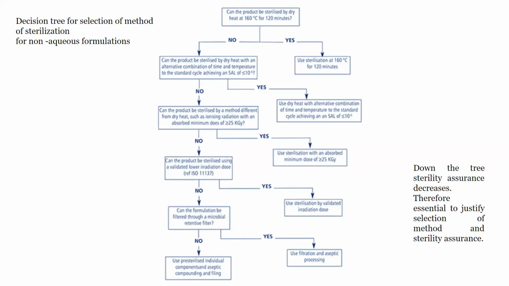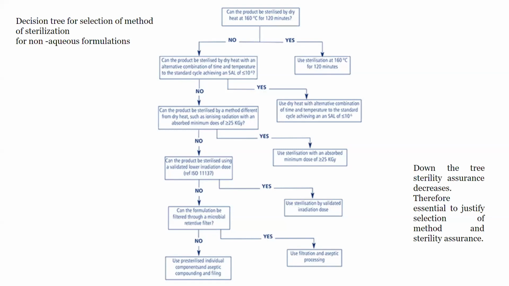If you find a proper combination, yes, go for it. If you cannot find it, then go for radiation as the method of sterilization. So here it should absorb a minimum of 25 kilogray radiation dose, because that is considered effective to kill microbes and spores.